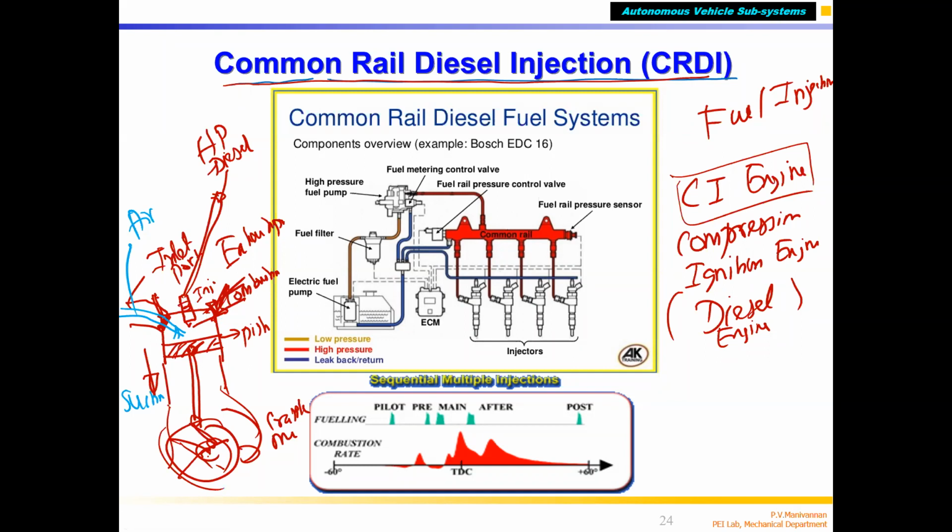But in a diesel engine, it is totally reverse. There's no spark plug. Combustion starts by what is called self-ignition. Diesel fuel automatically ignites when the air temperature inside the combustion chamber increases beyond, for example, 320 or 350 degrees. That is called the self-ignition temperature.